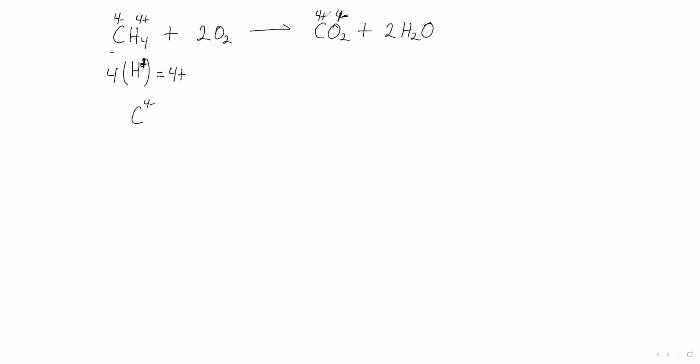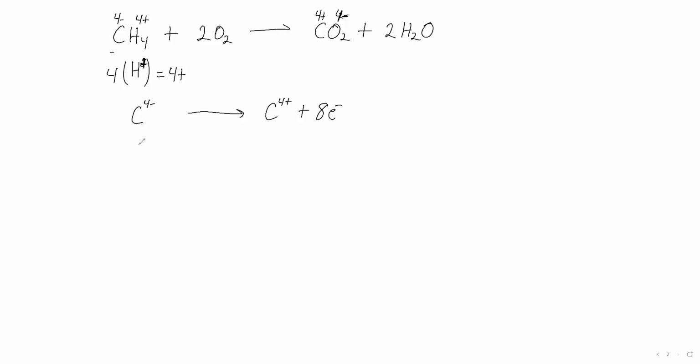Otherwise, carbon dioxide isn't balanced, which means that this carbon 4 minus went to carbon 4 plus, and it liberated 8 electrons because it went from -4, -3, -2, -1, 0, 1, 2, 3, 4. So it went 1, 2, 3, 4, 5, 6, 7, 8. 8 steps. Lost 8 electrons and became more and more positive. Okay. So carbon did that, right?